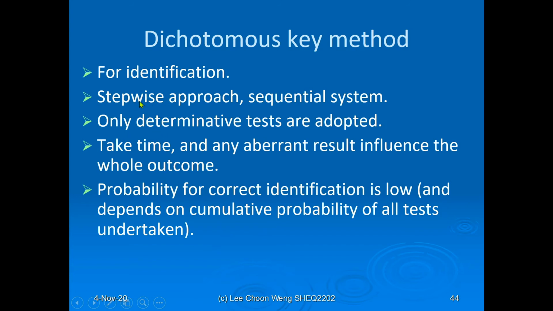Because it is stepwise and sequential, it takes time, because for every test, you probably have to wait for the bacteria to grow and produce the results before you can continue to the next step. It also has lower predictivity, because a mistake in one of the steps will result in concurrent errors. So the probability for correct identification is low.